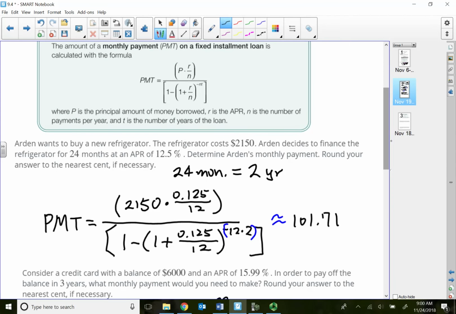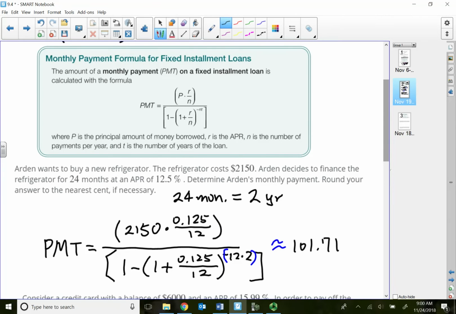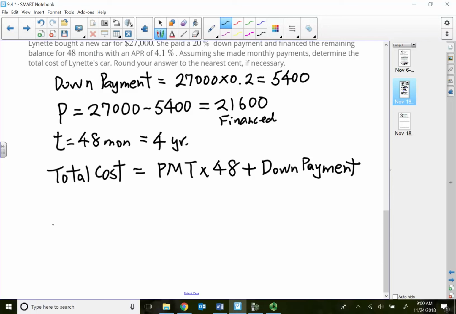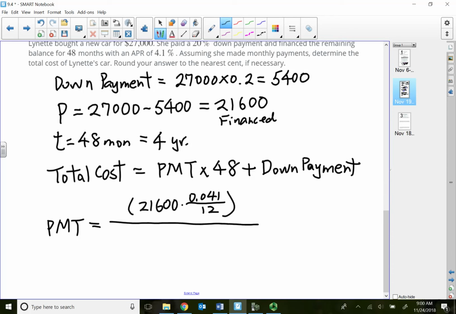Since we are dealing with an installment loan here, the formula is P times R over N. So my payment: finance 21,600 times my APR, 0.041 divided by 12, whole thing over bracket 1 minus parenthesis 1 plus 0.041 divided by 12, whole thing raised to a negative N. N is 12 times the time in years, which is 4.